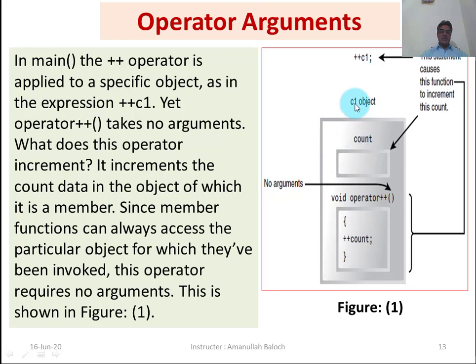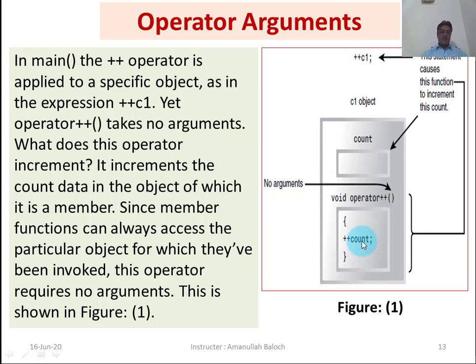So this count belongs to this C1, and when in the main program we write plus plus C1, this statement causes this function of the class to be called. So this function, void operator plus plus, will be called in response to this plus plus C1. This function will be called, and this function increments plus plus count.